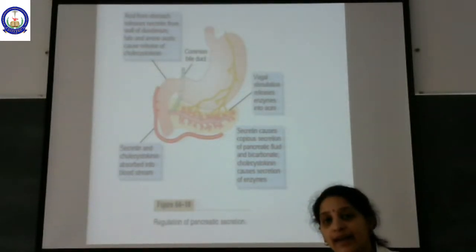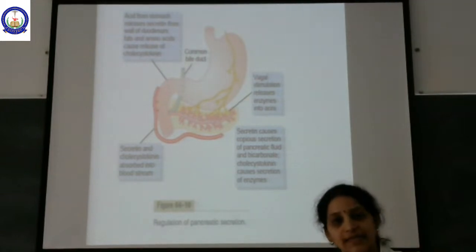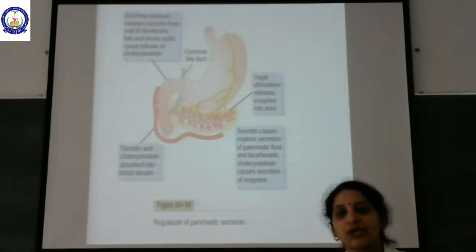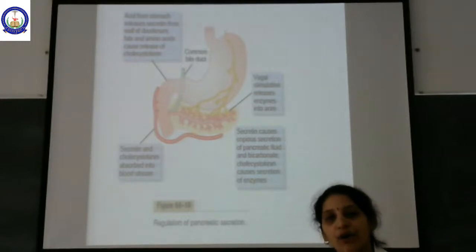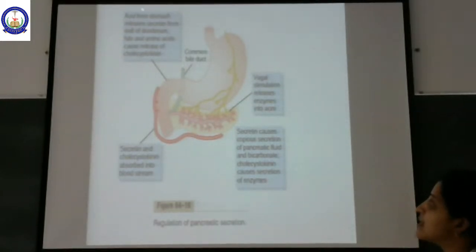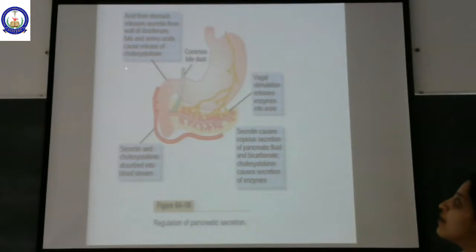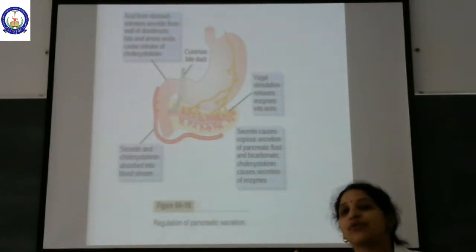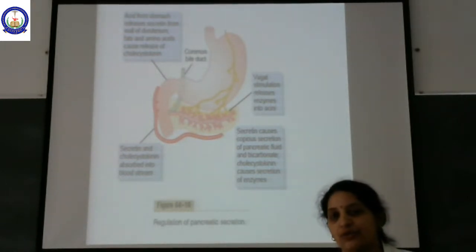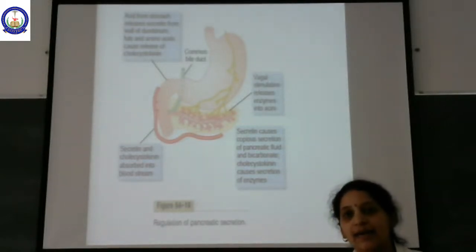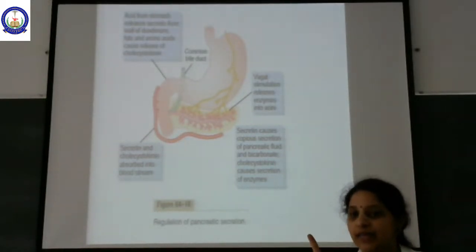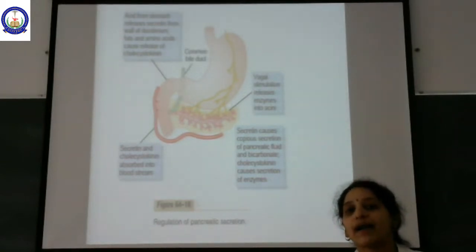Then the fats and amino acids also cause release of cholecystokinin. So these are the two important hormones which are going to enhance pancreatic secretion. Secretin and cholecystokinin. I repeat, secretin, cholecystokinin.